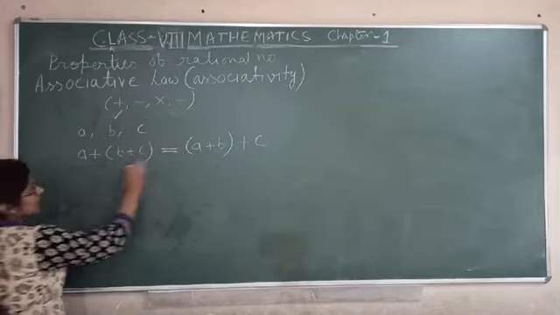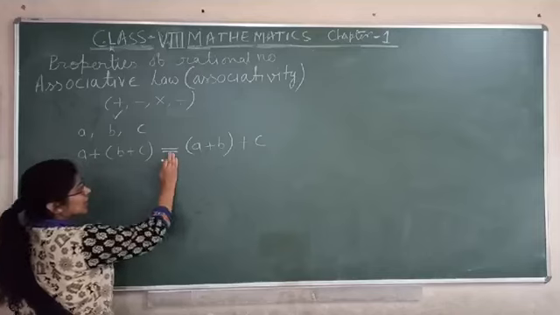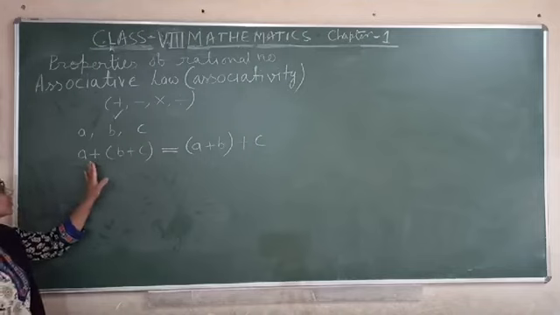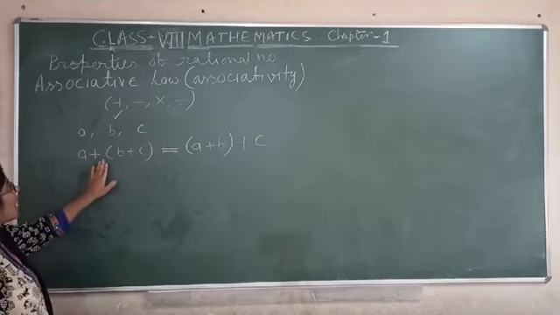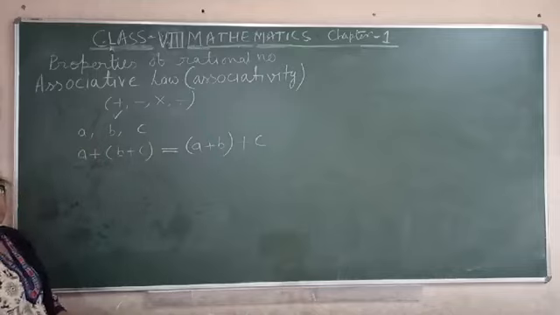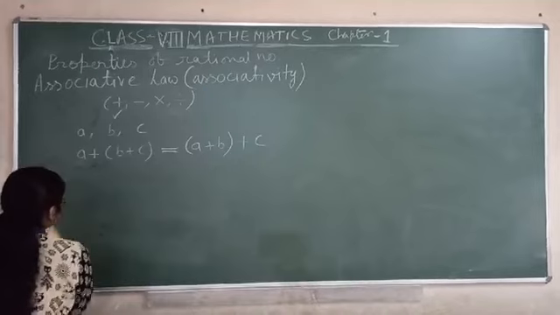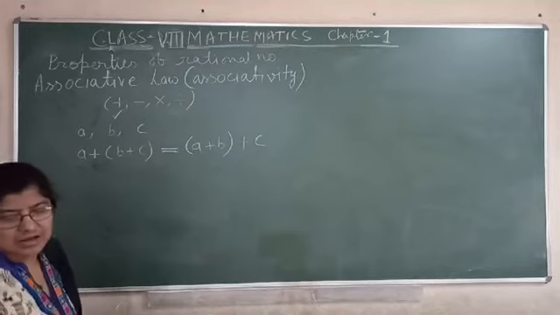If this is applicable, there will be an equal sign. If not applicable, then not an equal sign. That's called associative law of addition for rational numbers.